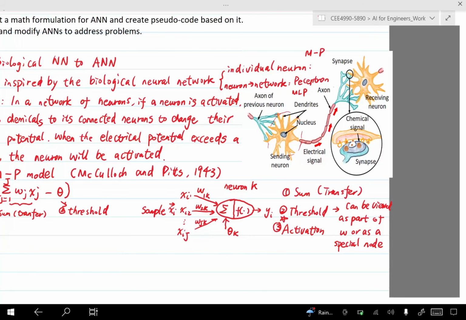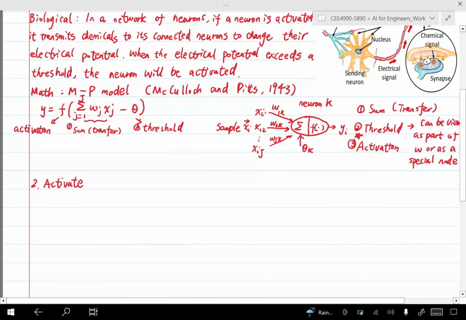So there are two ways of dealing with the threshold. Activation is something that we want to spend more time on next. The best activation function, in theory, that we can have is a stepwise function. That's when the value that we want to compare reaches the threshold, then we say that it goes to 1. If it's not reached, then it's 0.